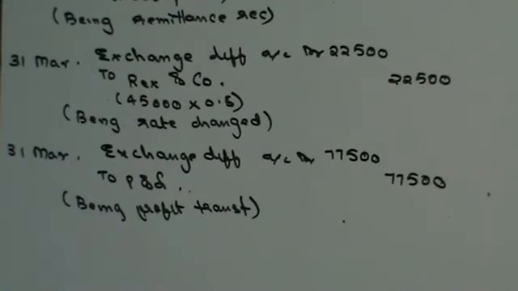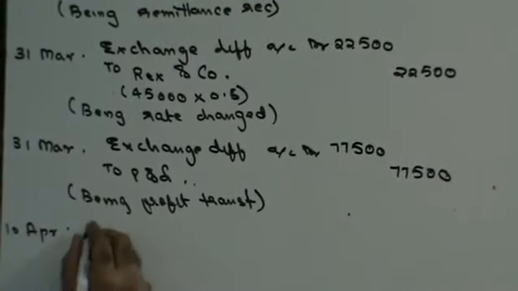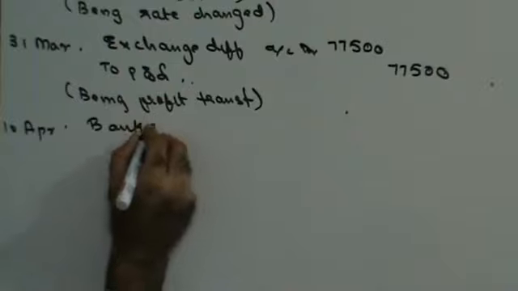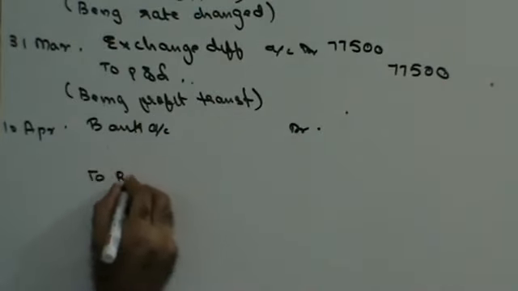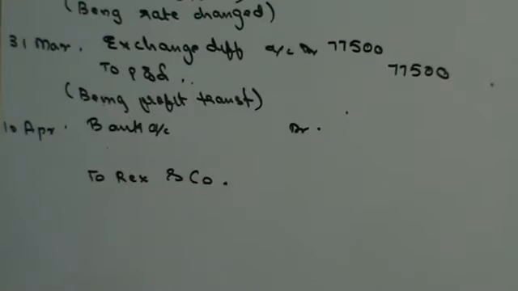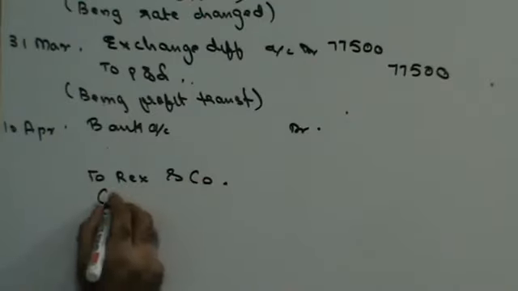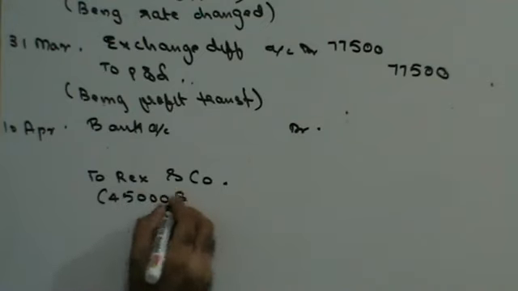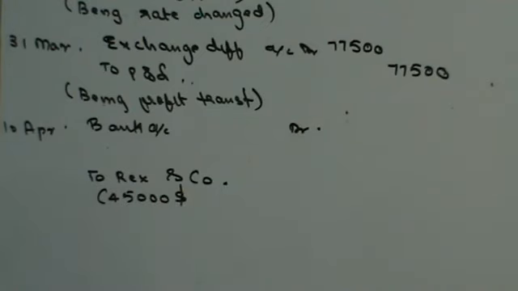Next, on 10th April, they are saying that the balance payment was received. Money is coming in, bank account debit, leave a line to Rexon Company, debit the receiver, credit the giver. They are going to pay you $45,000. Since this entry is after 31st March, you will have to consider 31st March as the base rate for Rexon Company.